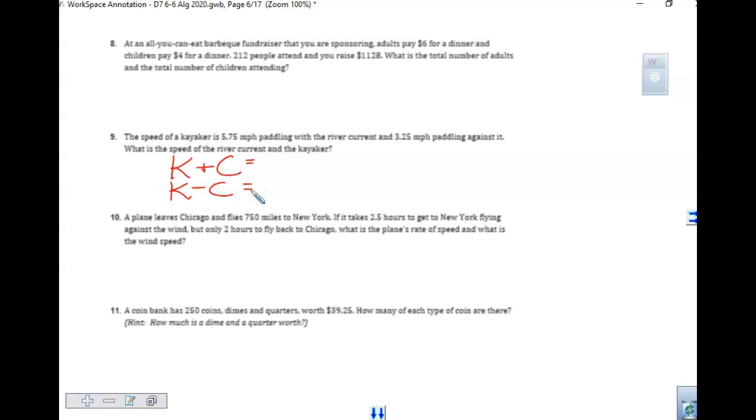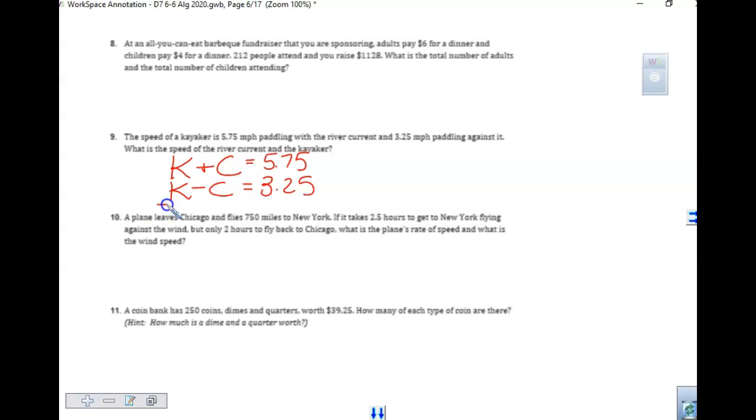When you're going with the current or against? When do you go faster? What are you guys thinking? With, right? So this has to be my 5.75. This one has to be 3.25. Anytime you have a current or a wind speed, it's going to be like the plane plus the wind, plane minus it. K minus, okay?